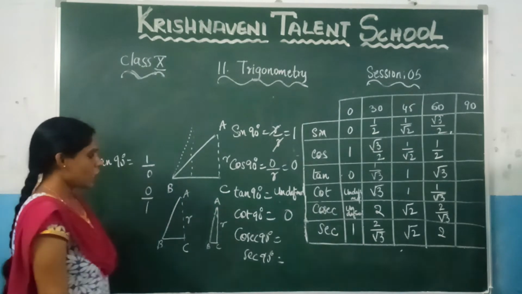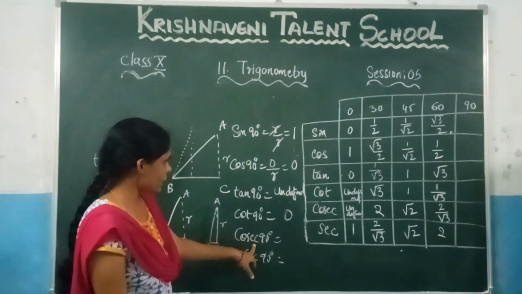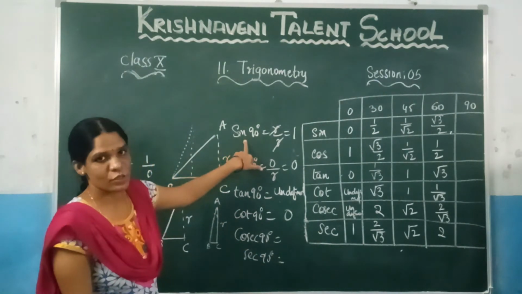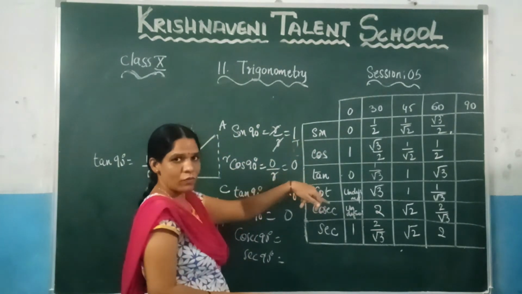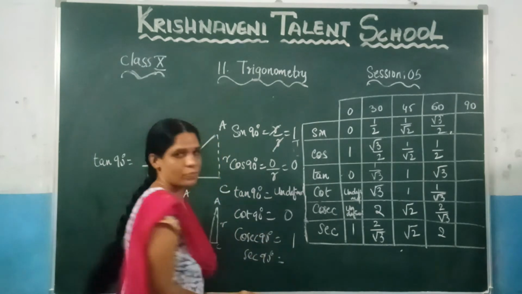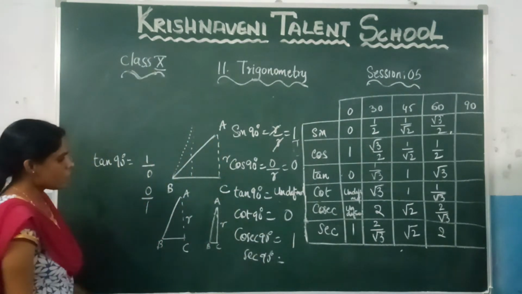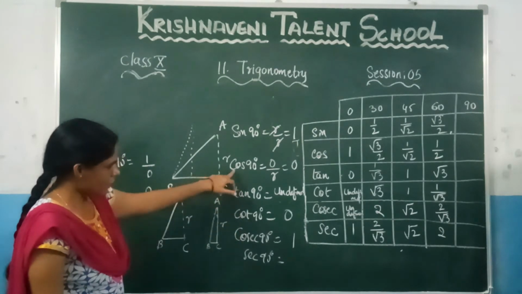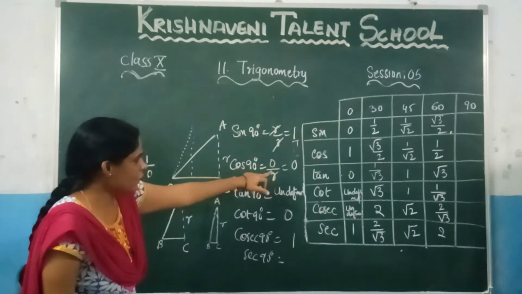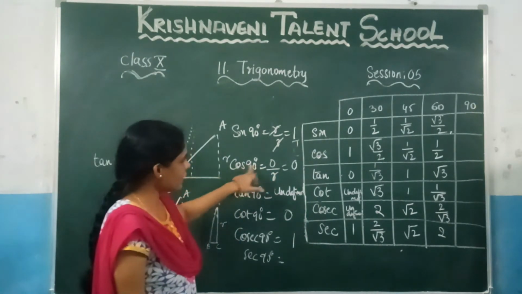So the value of cot 90 is 0. Now, the reciprocal of cosecant is sine. So you can write this as 1 by 1. The reciprocal of 1 by 1 is equal to 1. Now let us see the reciprocal of secant. The reciprocal of secant is cos. You know that the cos 90 value is 0.